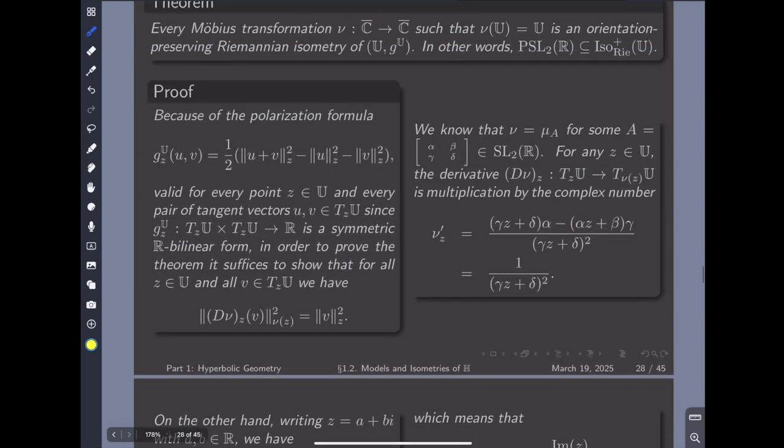The whole isometry group of Riemannian U is, bless you, a semi-direct product of this with Z mod 2.